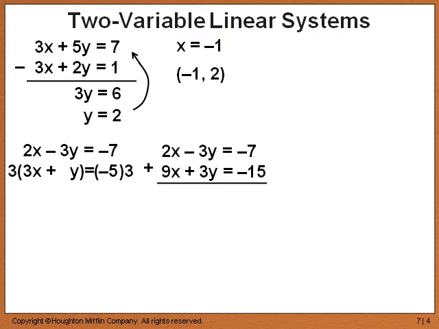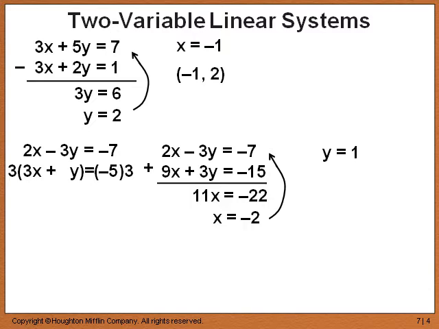And when we add the equations, we eliminate the y term, and we get 11x equals negative 22. Solving for x, x equals negative 2. Back substituting, we plug that negative 2 in for x.